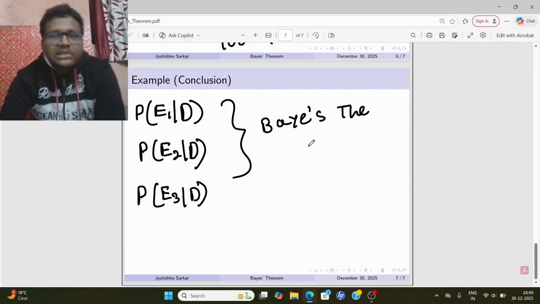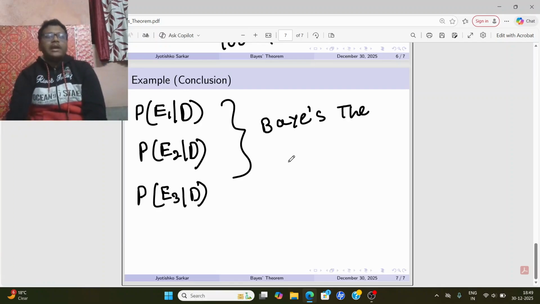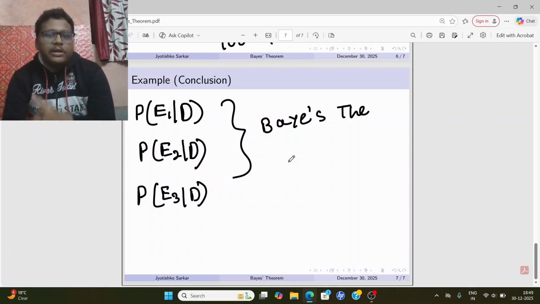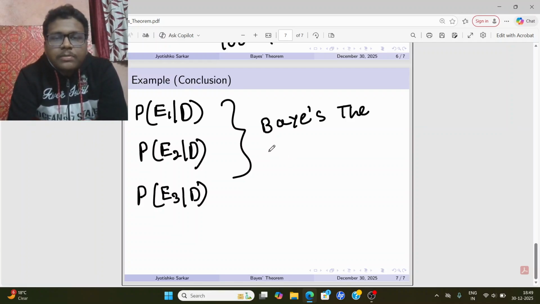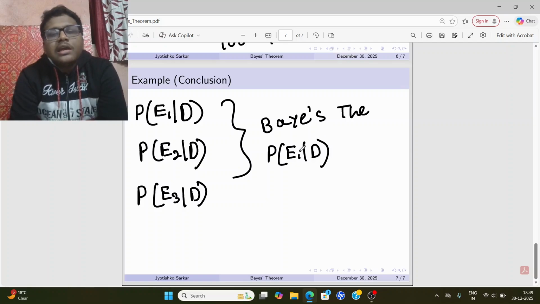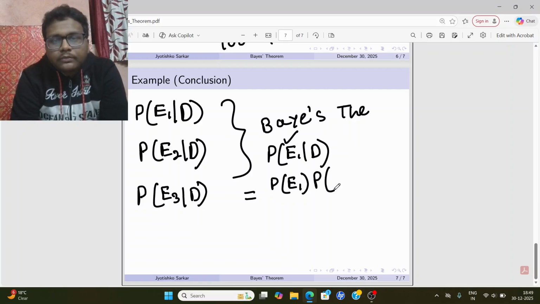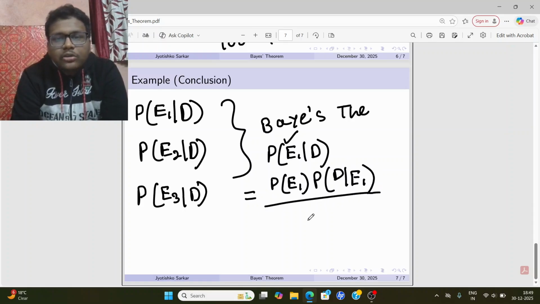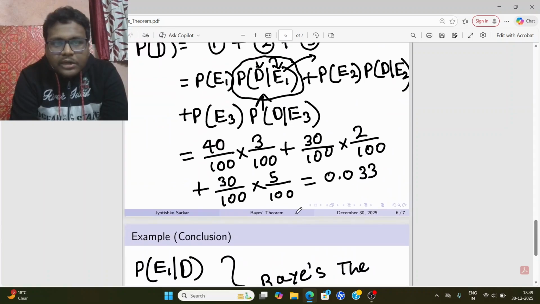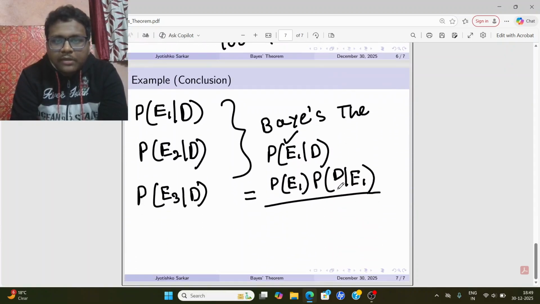Now using Bayes theorem, I want to find that if I pick a defective bulb, what will be the probability that the bulb was made in factory A. So that is the conditional probability, that I picked a defective bulb and it was made in factory A. So using Bayes theorem, I can write this as probability of E1, probability of D bar E1, divided by the total probability which was already calculated here, that is 0.033.